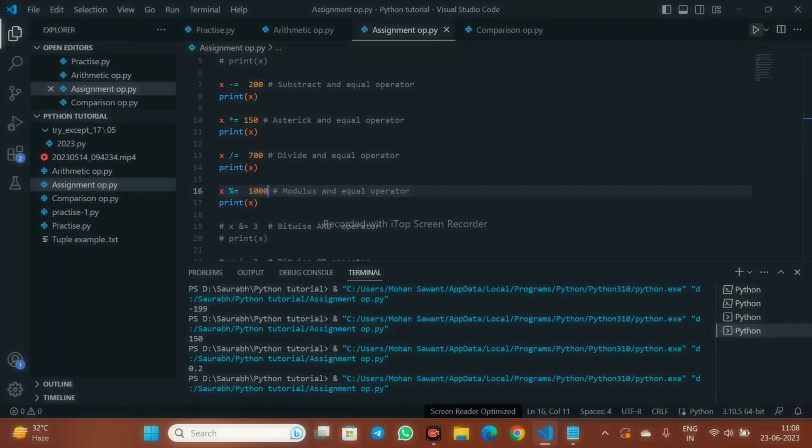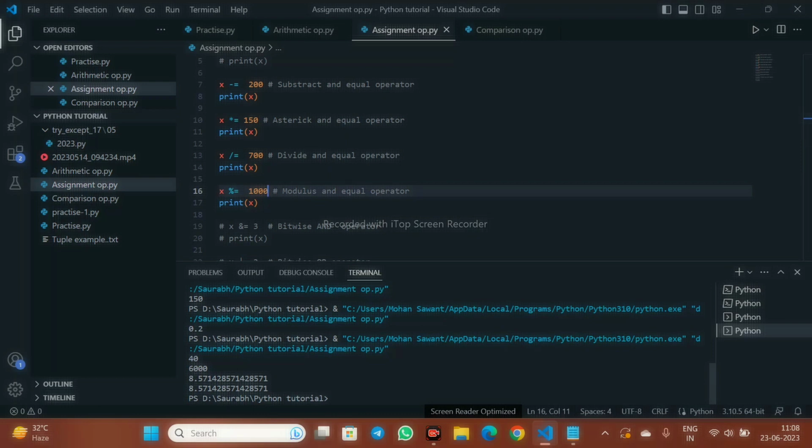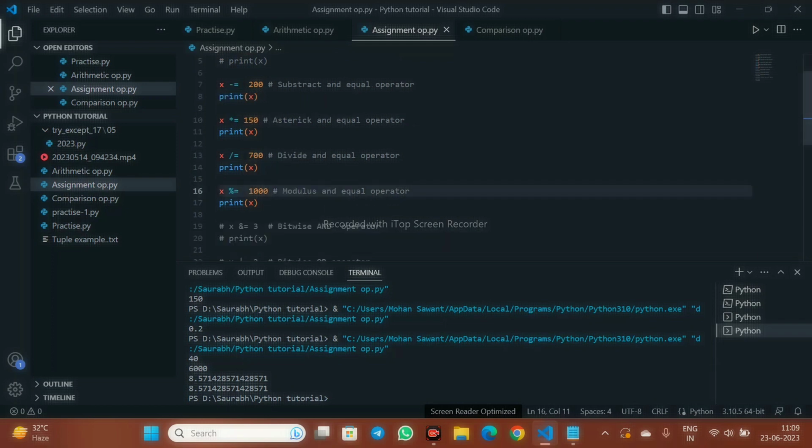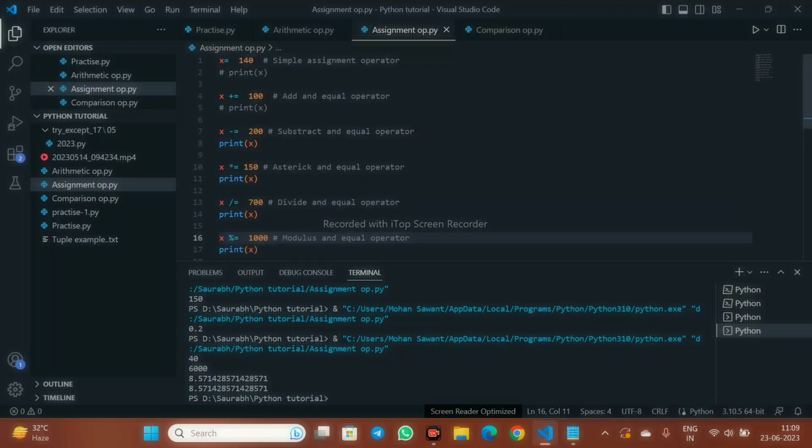Run this Python file. It will give me all the answers of the operators. Like I have got 40, 200 is the output of 6000, asterisk equal 8.57. So like this the assignment operator is used in Python.